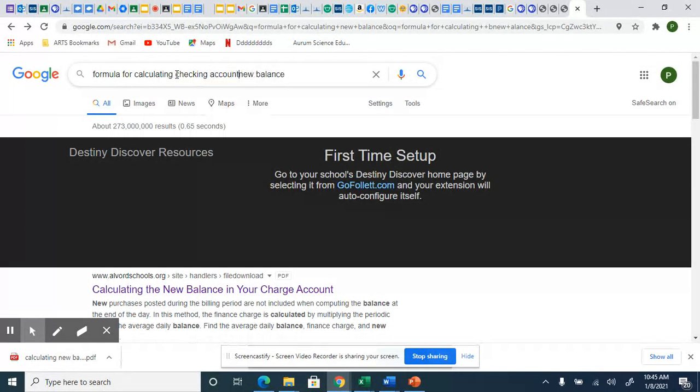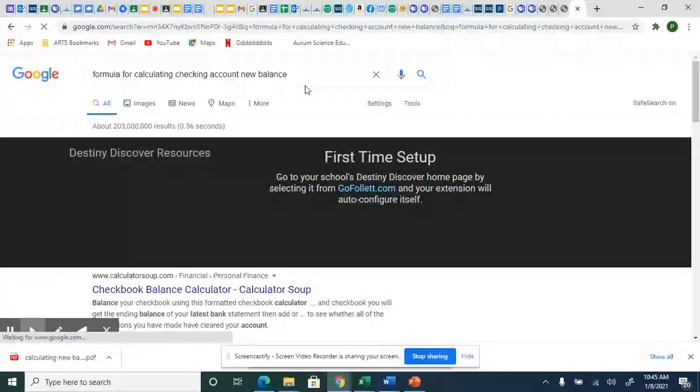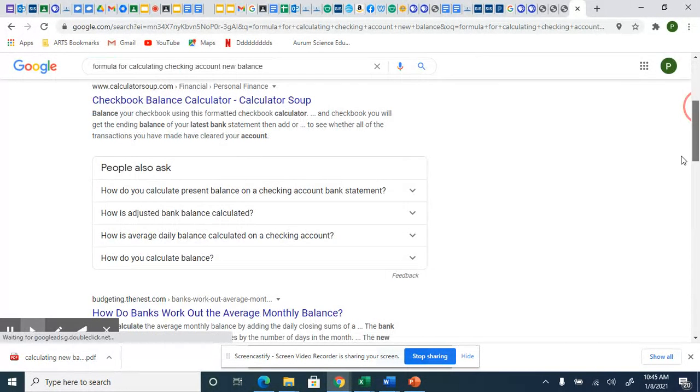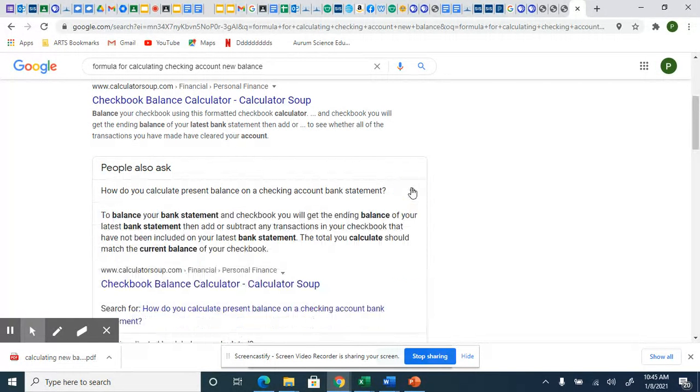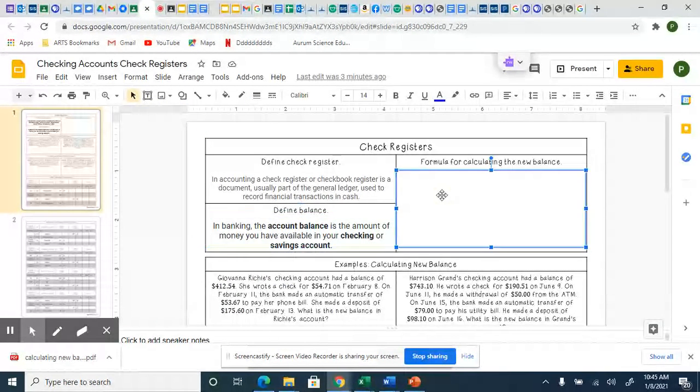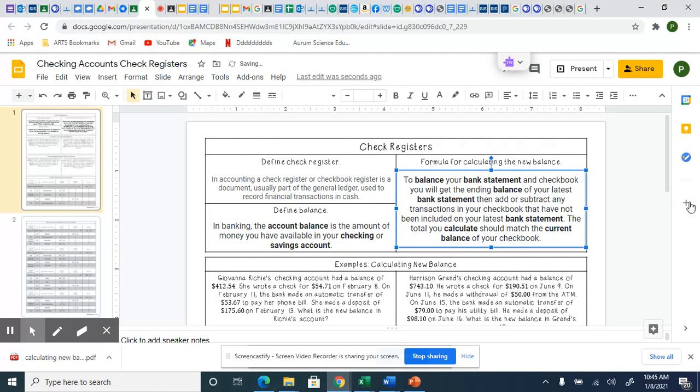Checking account. All right, this looks much better. Because this is not hard.